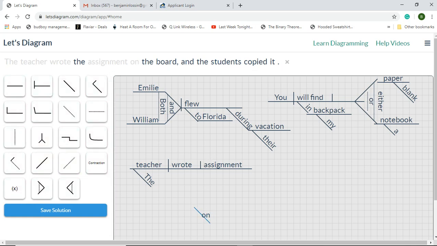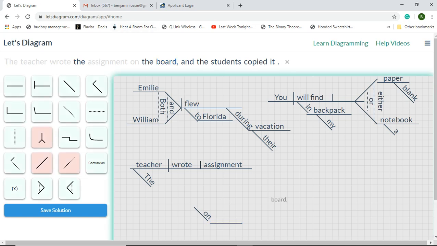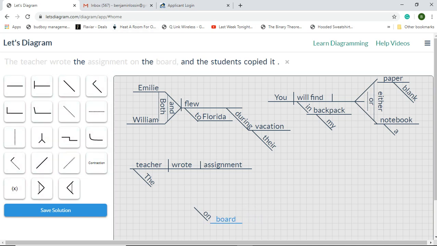On is the preposition in this prepositional phrase. Board would be the object of the preposition. And the is an adjective modifying board. So let's put this under wrote real quick. Why is that so long?